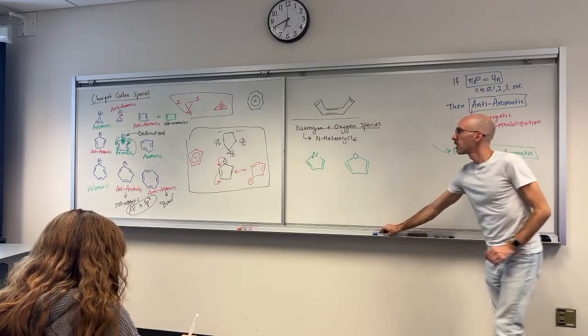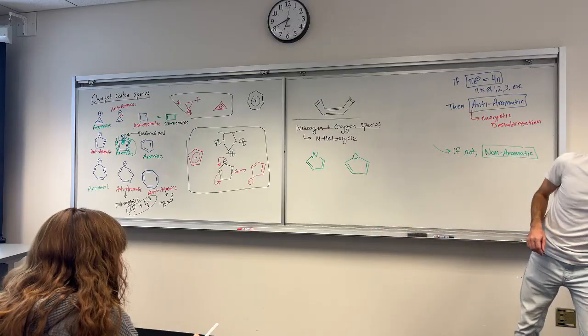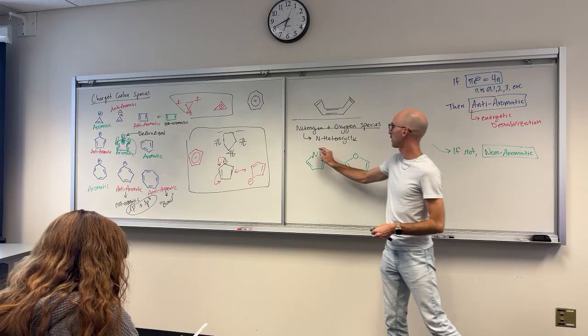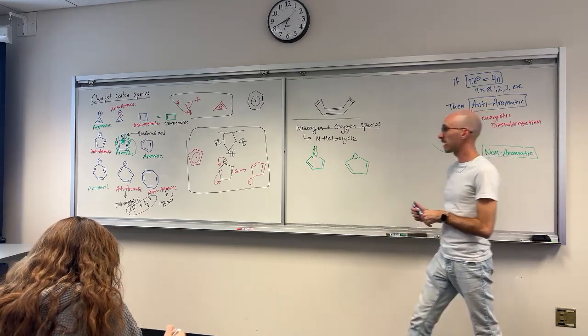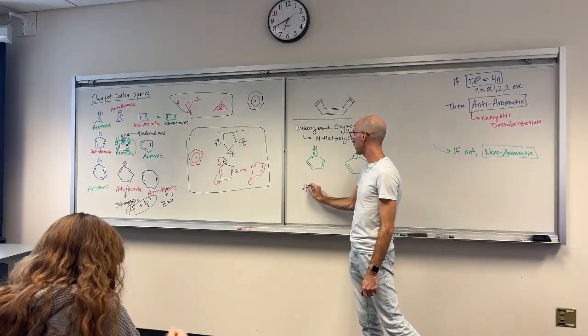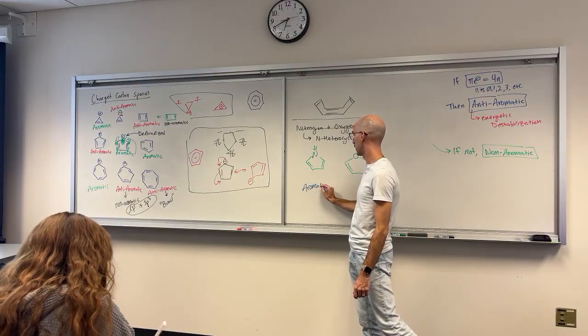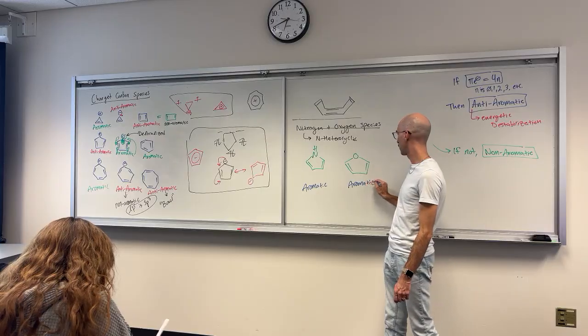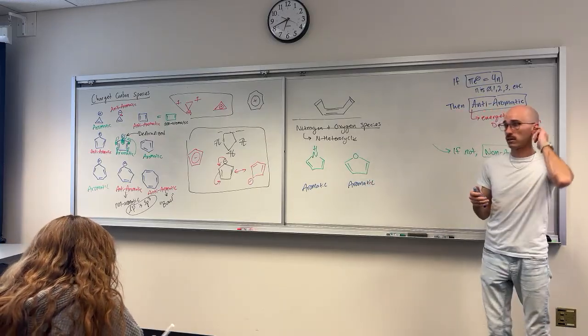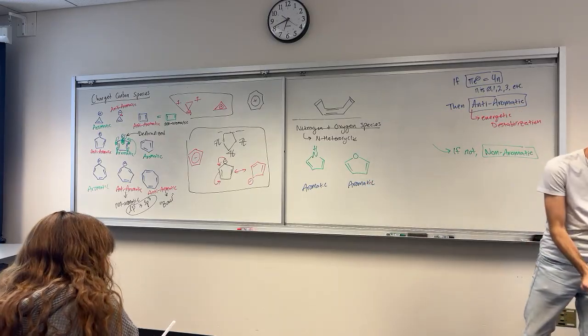Oops, I did forget something with that nitrogen. He needs a hydrogen. I'm going to tell you that these molecules are aromatic. Because they are. In fact, they're both on your sheet.